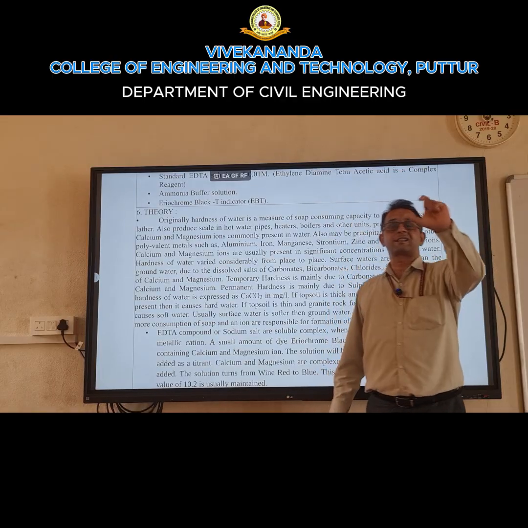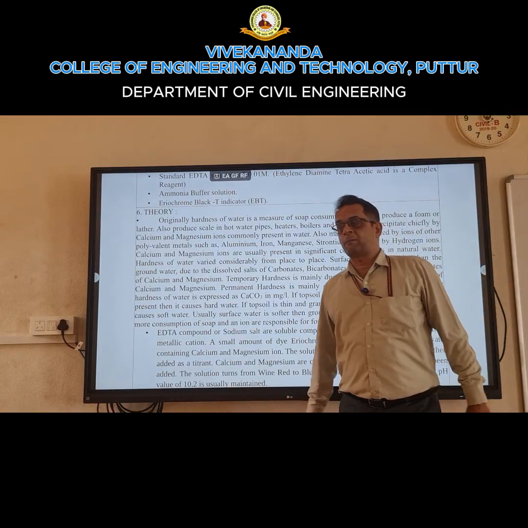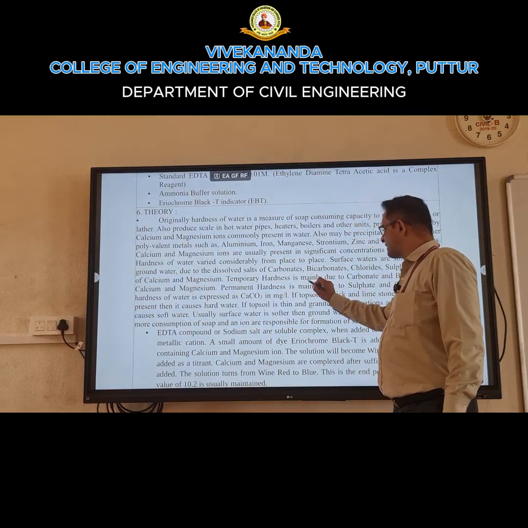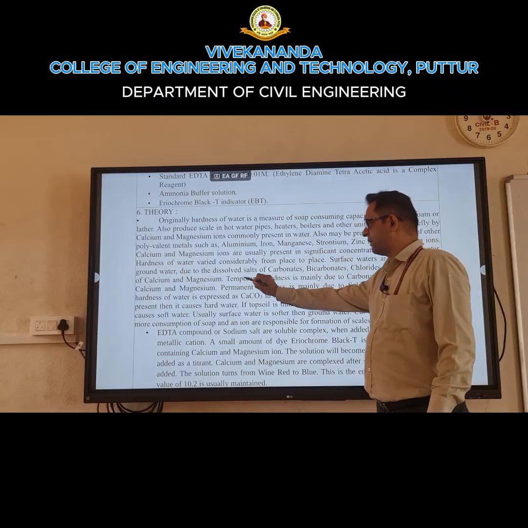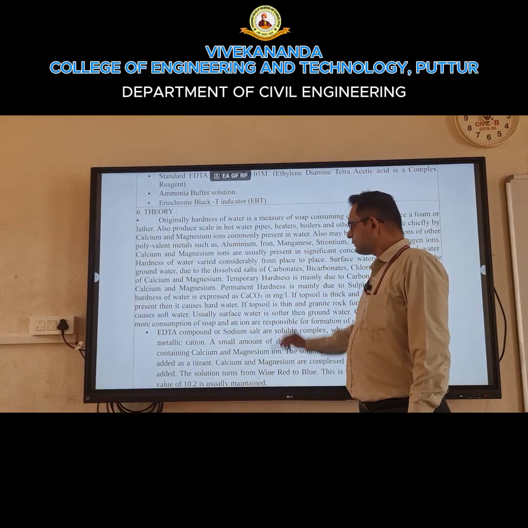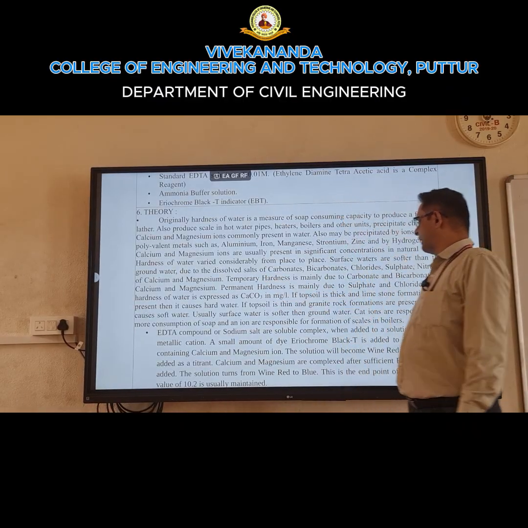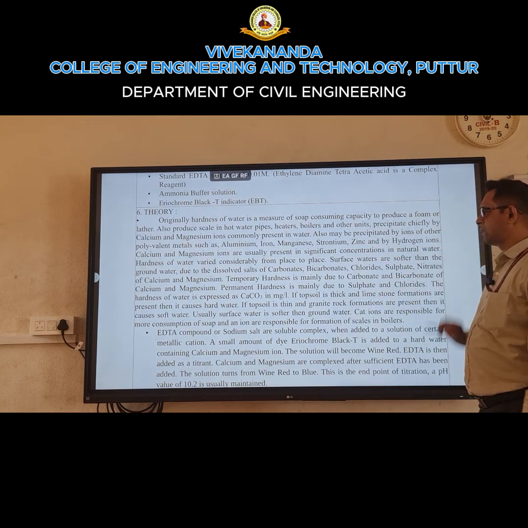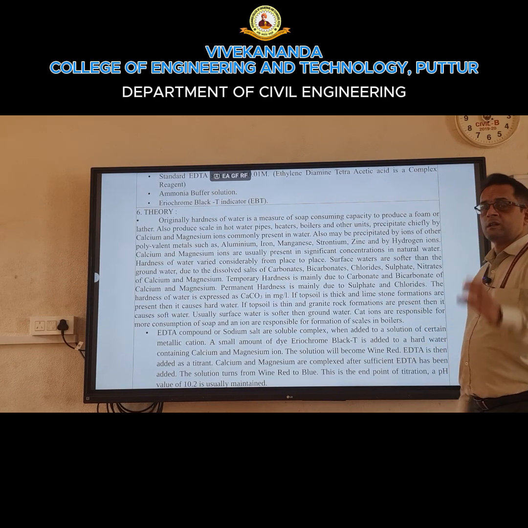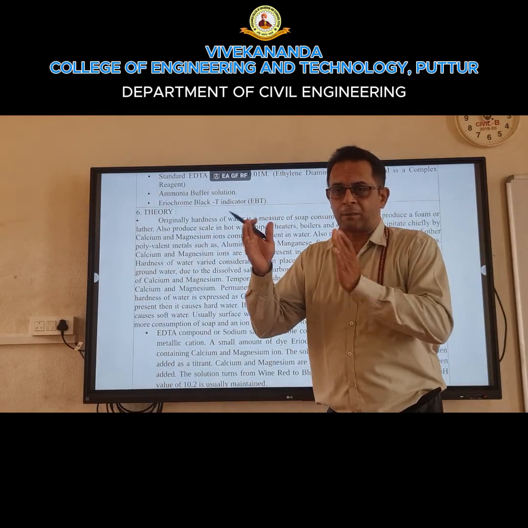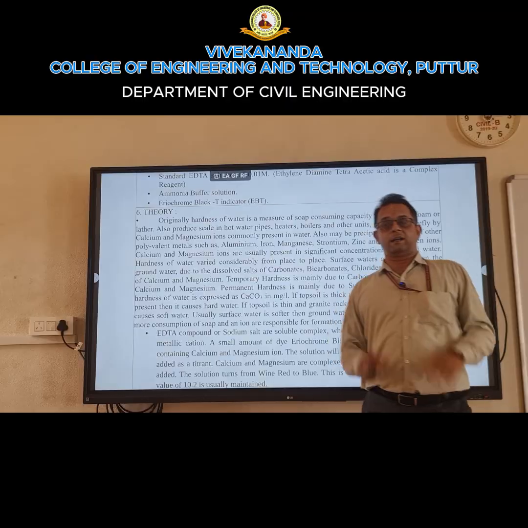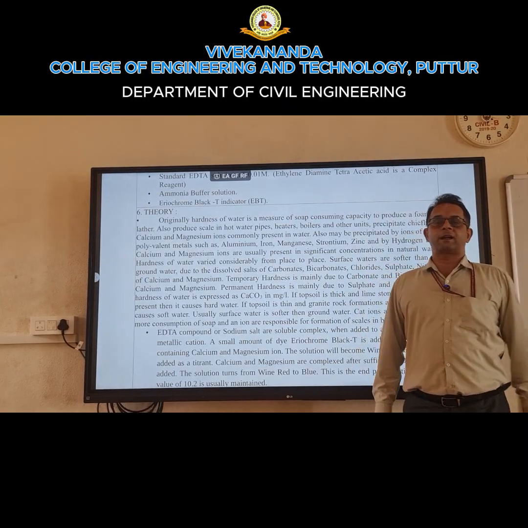Next we will see what is temporary hardness and what is permanent hardness. Temporary hardness is mainly due to the carbonates and bicarbonates of calcium and magnesium. Permanent hardness is mainly due to the sulfates and chlorides. So temporary hardness plus permanent hardness is equal to total hardness. How to remove the temporary hardness?